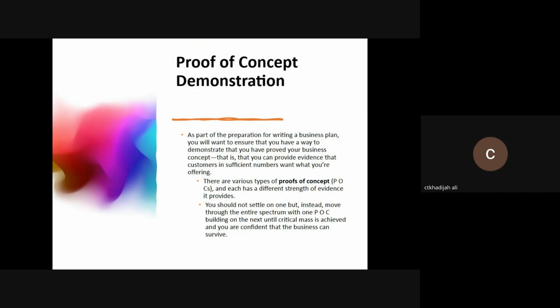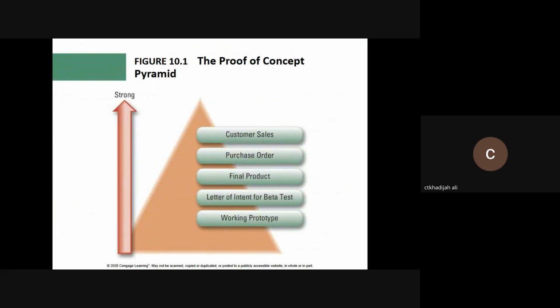This is common practice. Okay. The proof of concept pyramid. So working on a prototype, like what you are doing for your FYP, you are building the prototype and the letter of intent for beta test. So remember you have alpha test, you have beta test.